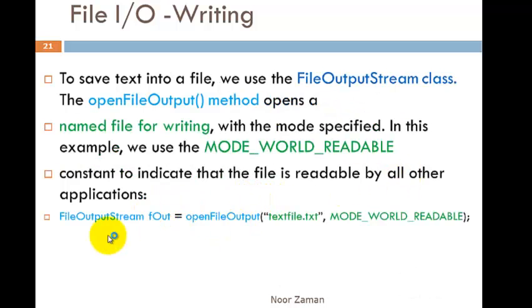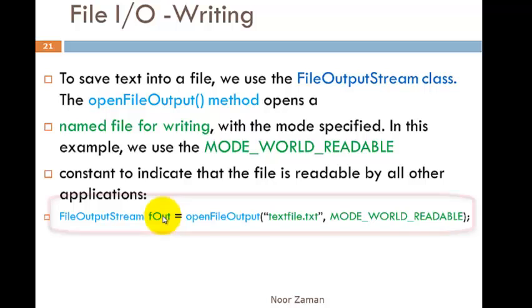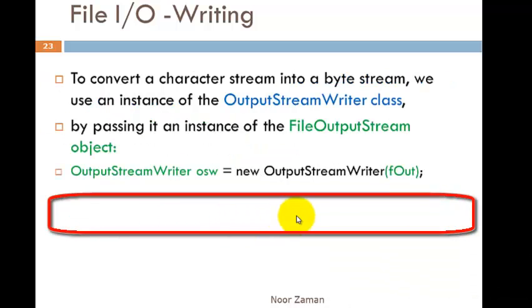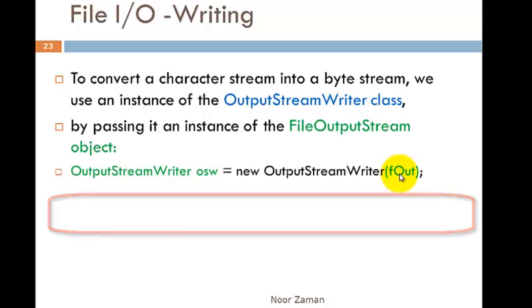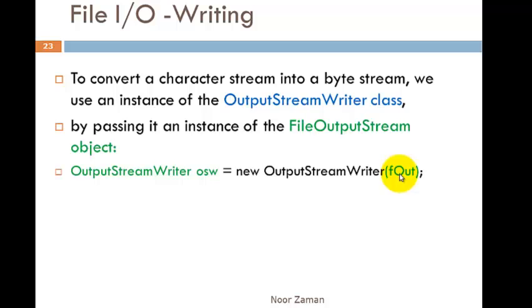We created this object fout, and that is the same one we are passing as the parameter. So this is related to the writing operation.